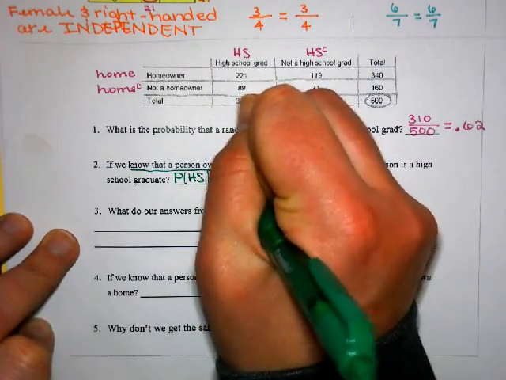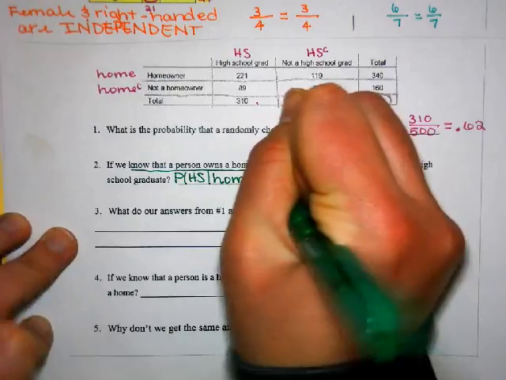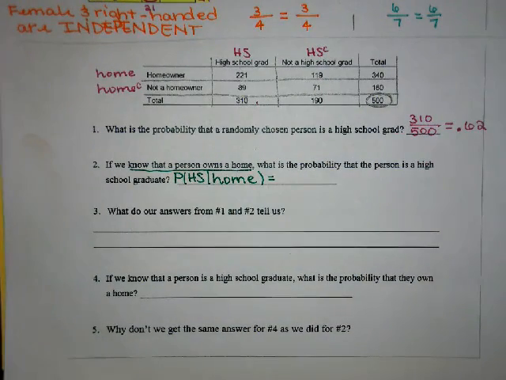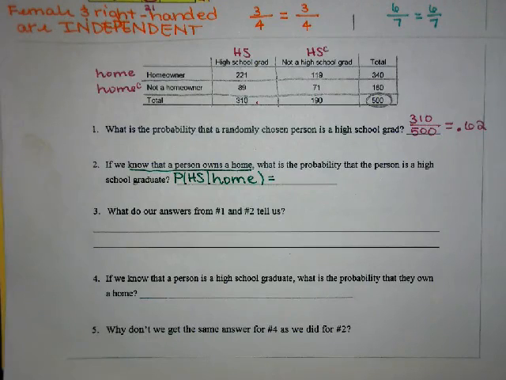Anybody want to try that one? 221 out of 500? 221 is correct, but we're only looking at homeowners because we're told they own their home.